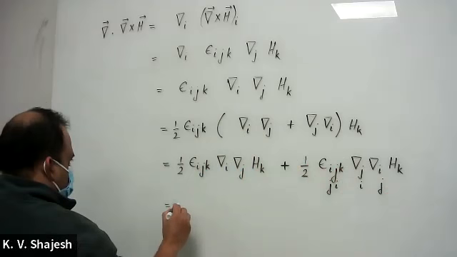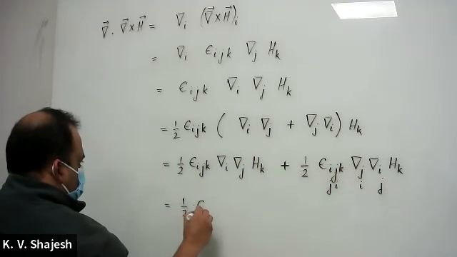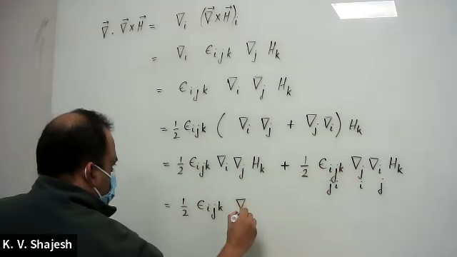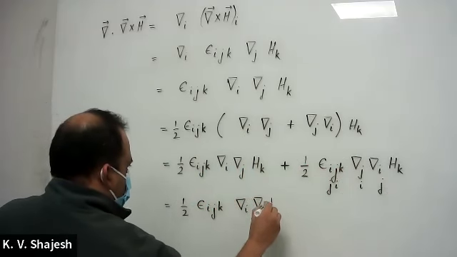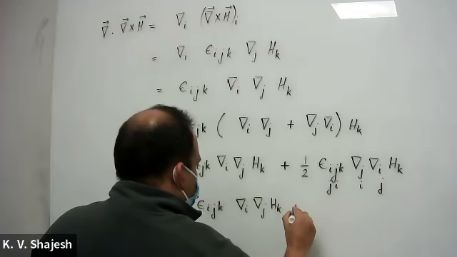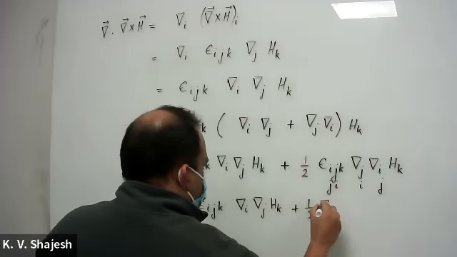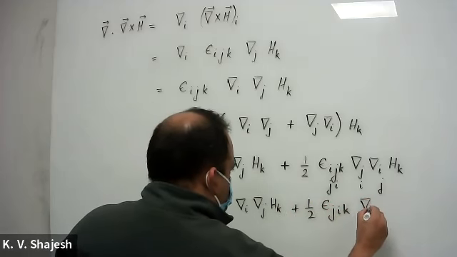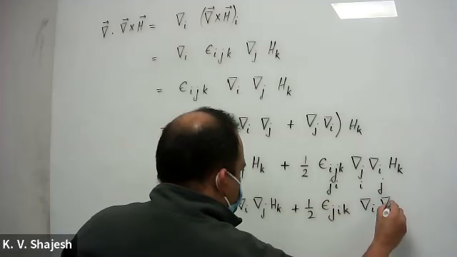So that's the same as 1/2 epsilon ijk del i del j h k, and now plus 1/2 of epsilon jik del i del j h k.